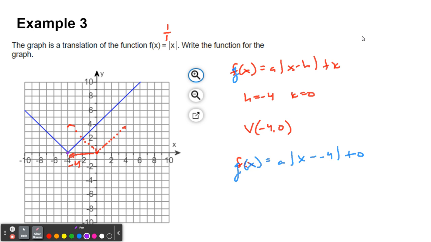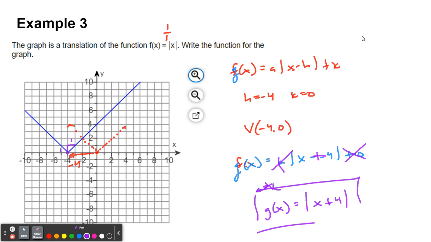If you look here, starting at the vertex, it's still up 1, right 1, up 1, right 1. So the a value is still a 1, so it's not going to change. Your final answer is g of x equals the absolute value of x plus 4, since this minus becomes plus, and you don't need the plus 0. And that's your final answer.